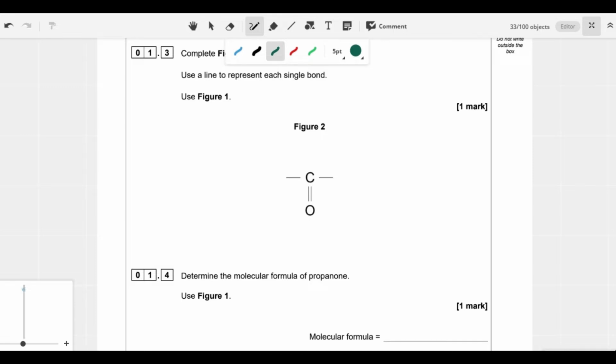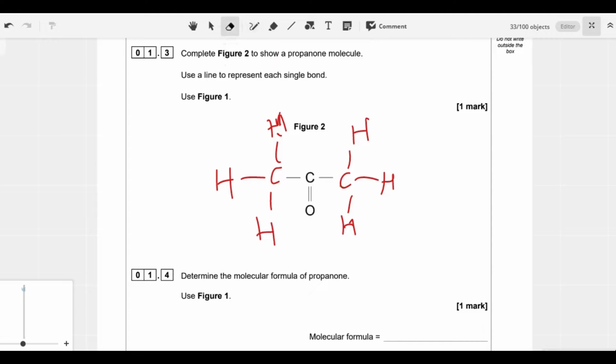Here is carbon, hydrogen, hydrogen, like this.